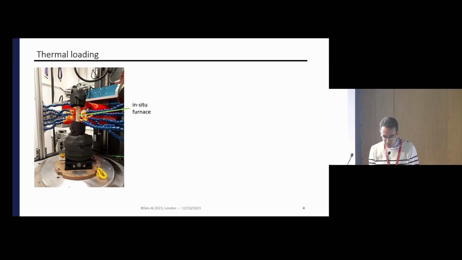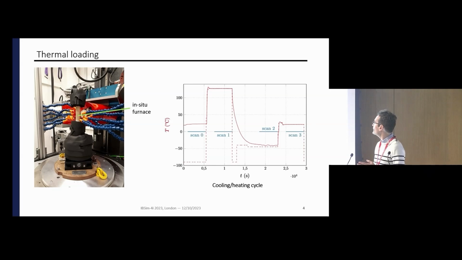And to do so, we did an in-situ experiment where we submit this sample to a thermal cycle. We apply the initial state and three loading states. First the sample was at 120 degrees Celsius, then we put it down to minus 40 degrees Celsius, and the last acquisition was coming back to room temperature, just to check that the sample stays elastic all over the test and also comes back to its initial state.